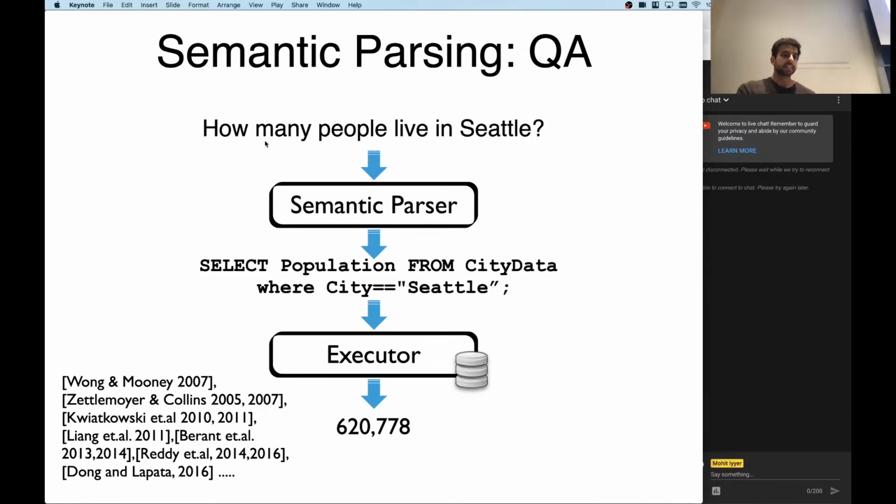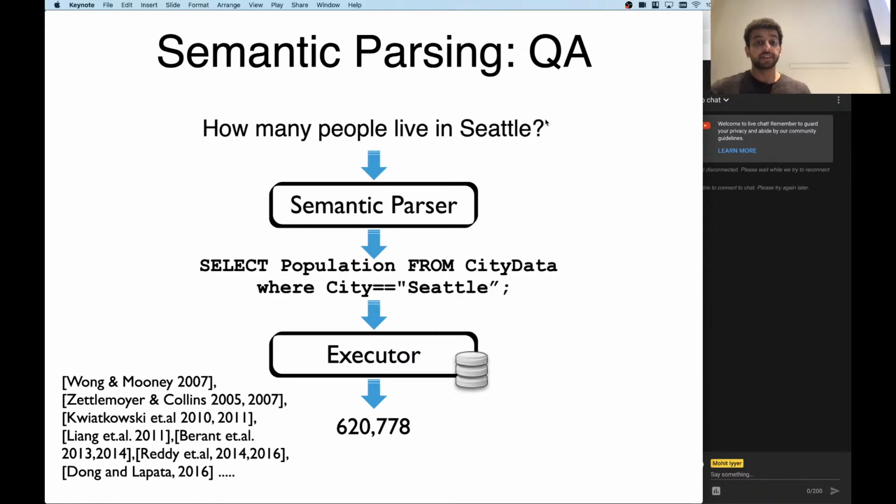So you can see already that this problem starts looking a lot like translation. I have how many people live in Seattle, and I may want to create select population from city data. So this is like some table that I have where the city equals Seattle.